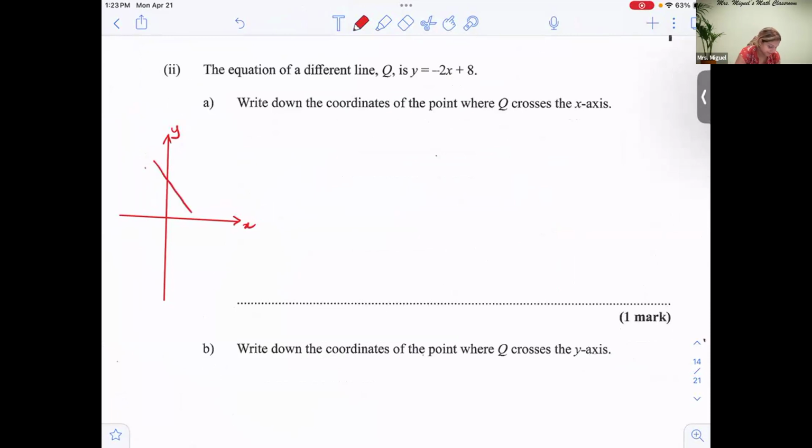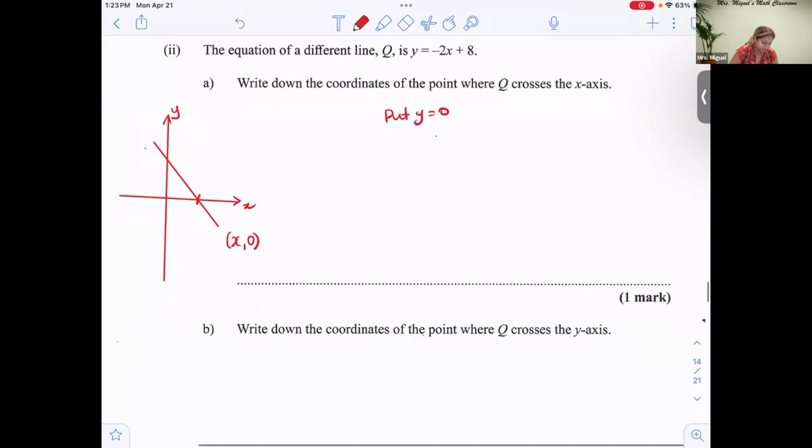If it crosses the x-axis, we have an x value and y is 0, so put y equal to 0 and work that out. Similarly, if it crosses the y-axis, then we have 0 and a y value, so here put in x equal to 0. Go ahead.